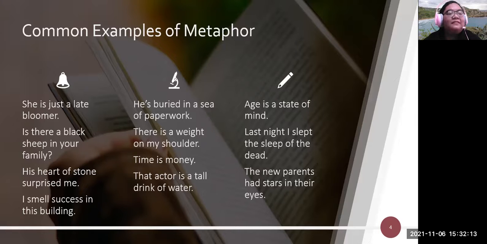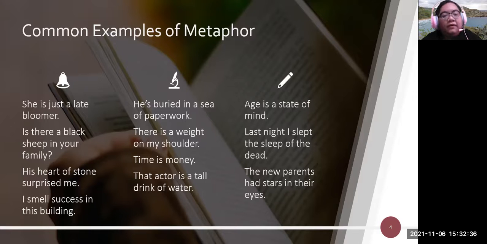Okay, I smell success in this building. Okay, the whole thing is a metaphor: the smelling, the success, and the building. How can you smell success in a building, right? So it's a metaphor. It's like you're comparing success to the smell that you have in this building.